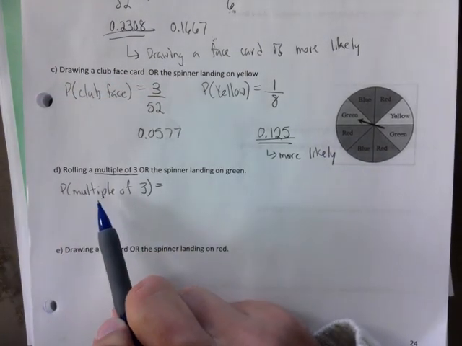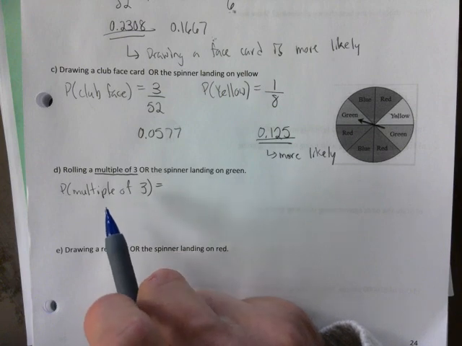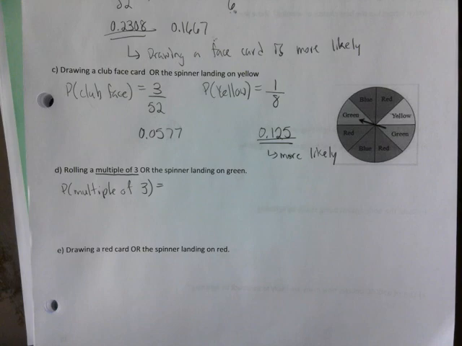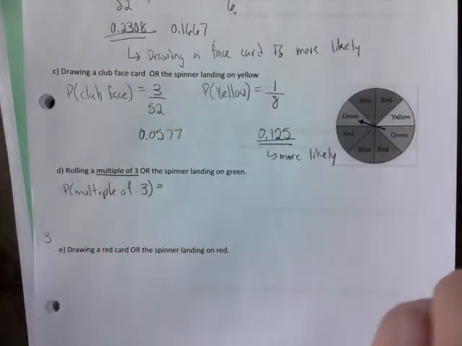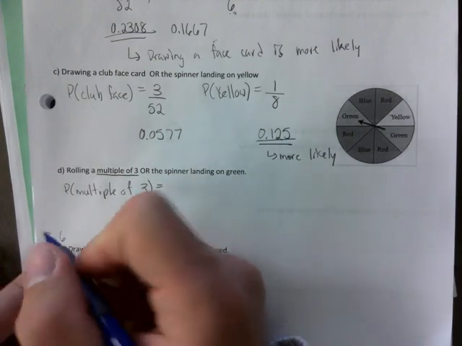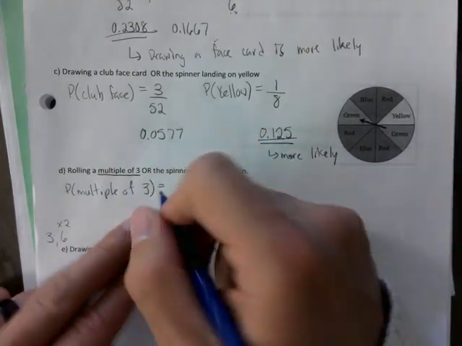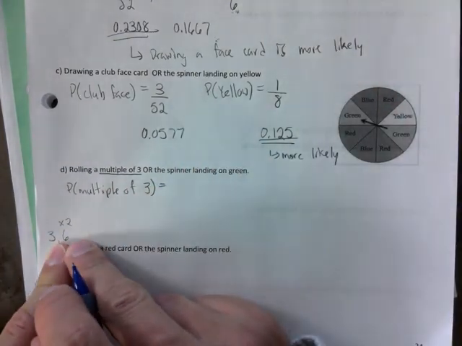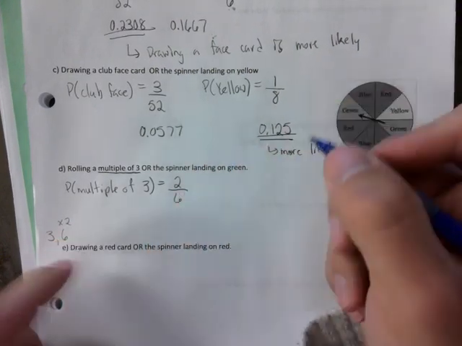A multiple just means that if we multiply 3 by any number, that gives us a multiple of 3. So 3 is a multiple of itself, because we can multiply 3 by 1. 6 is a multiple of 3 because we multiply 3 by 2, and so on. But we only go up to 6, so there are 2 possible ways, a 3 or a 6, and there are 6 sides.